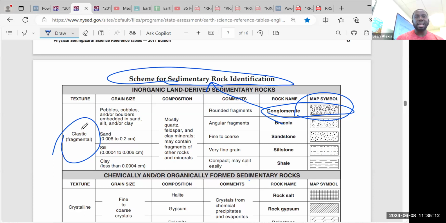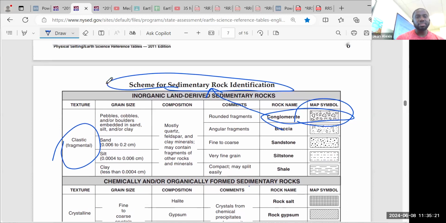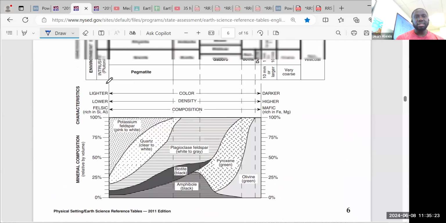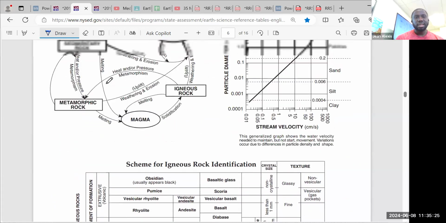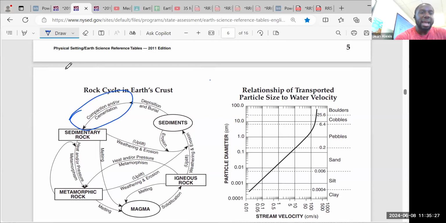And I know it's a clastic sedimentary rock. What page of the reference tables can I find the two processes that make clastic sedimentary rocks? It is page 6. And I look at the arrow that's directly pointing to sedimentary rock, and it is compaction and cementation.